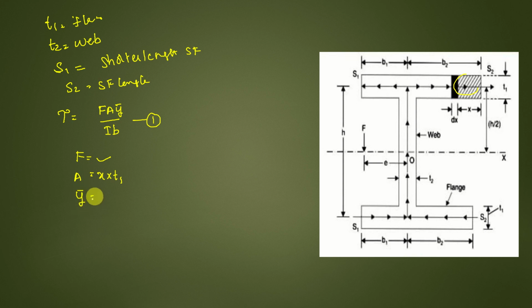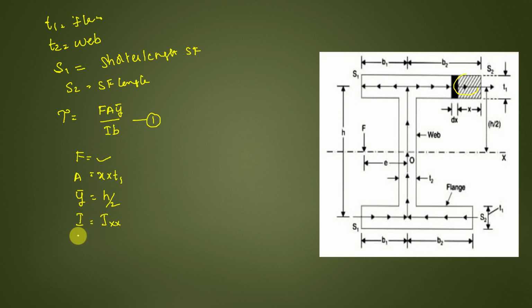And y bar will be the distance up to the center, that is h by 2. Now I is the moment of inertia about the x-axis, because we are considering only the x-axis.